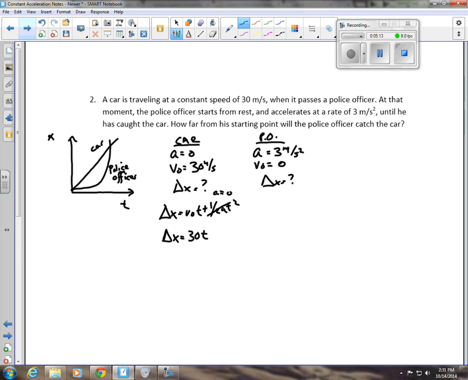For the police officer, I'll plug in the same equation. So delta x equals, this time the v0 is 0, so I don't have to worry about that part. And I'll get 1/2 times 3 times t squared. So this gives me delta x is 1.5 t squared.